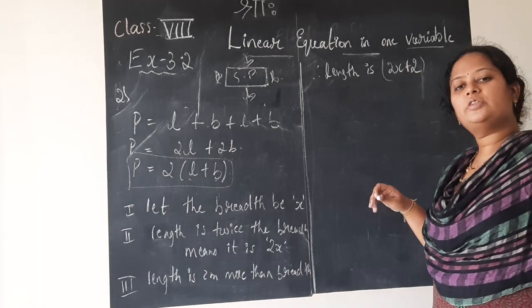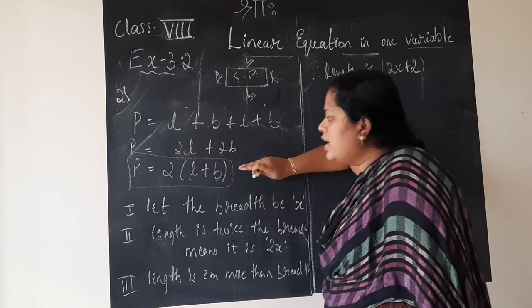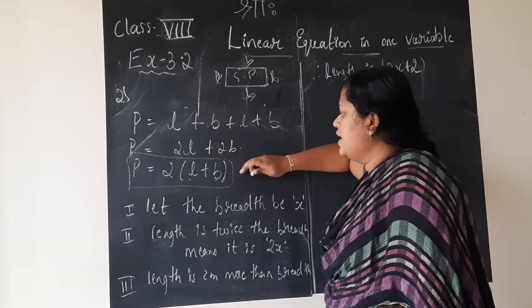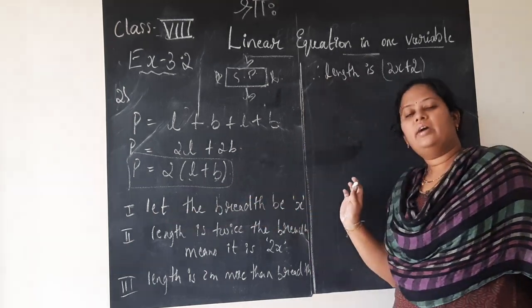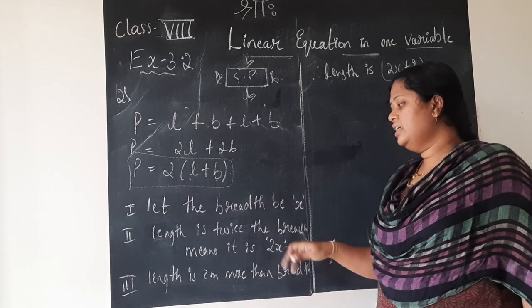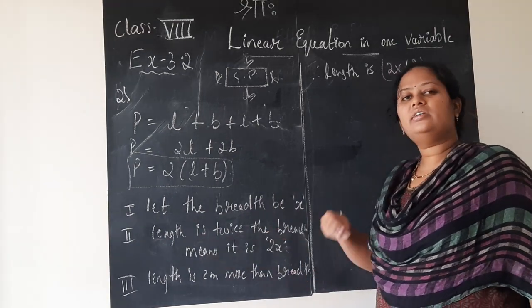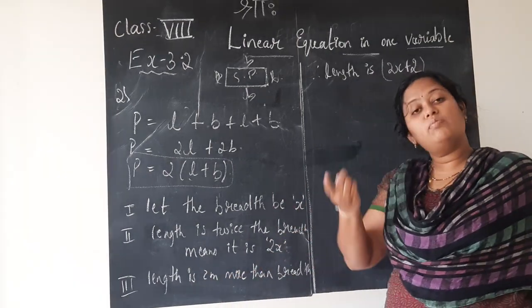Why did it become 2x plus 2? How did we arrive at 2x plus 2? We don't know either the length or the breadth of the rectangle. So, as we did in the previous problem, we are choosing, let the breadth be x. But they are telling that it is twice, so breadth x becomes 2x. But the length is 2 meter more than that.